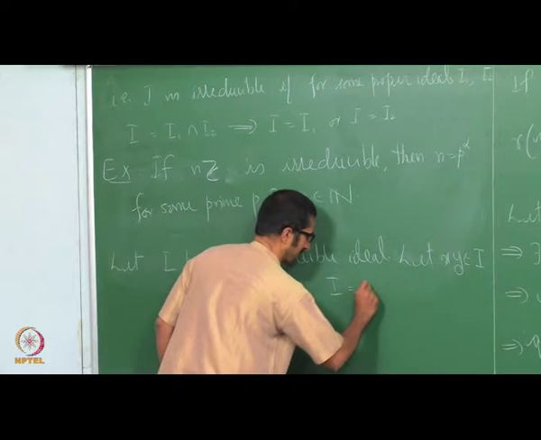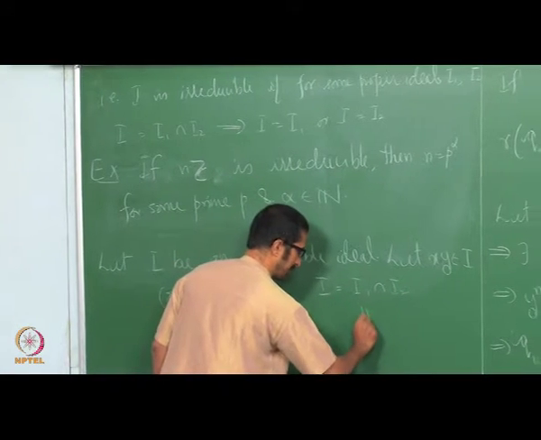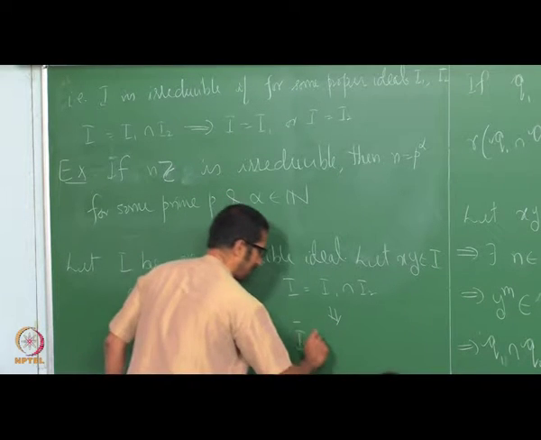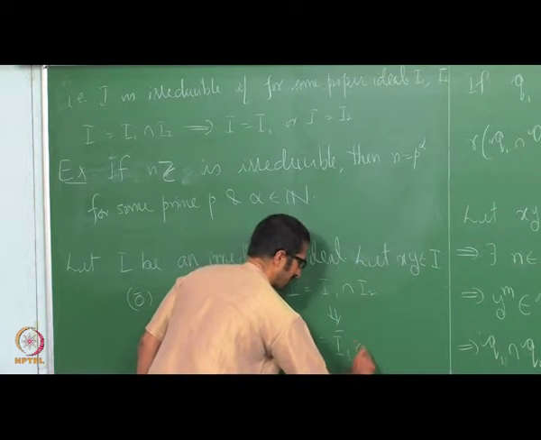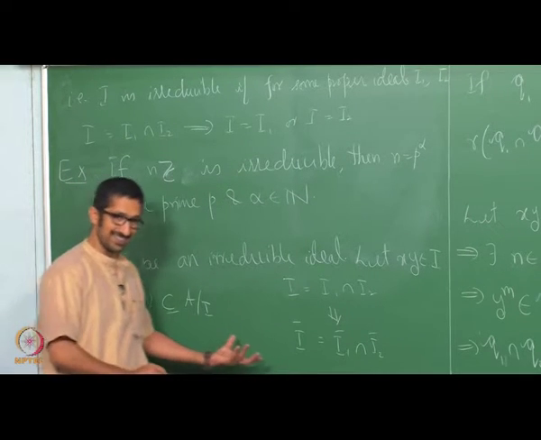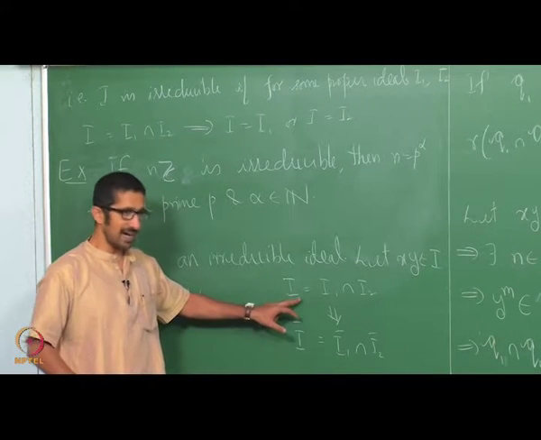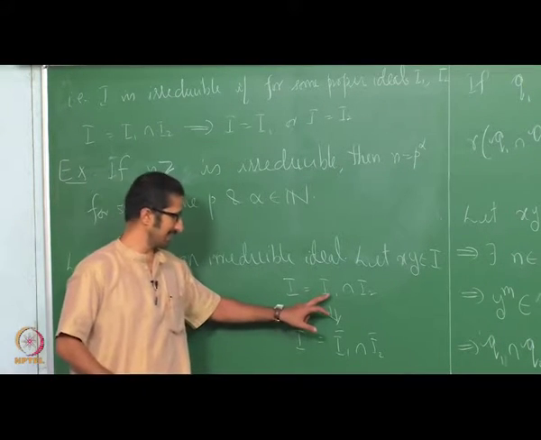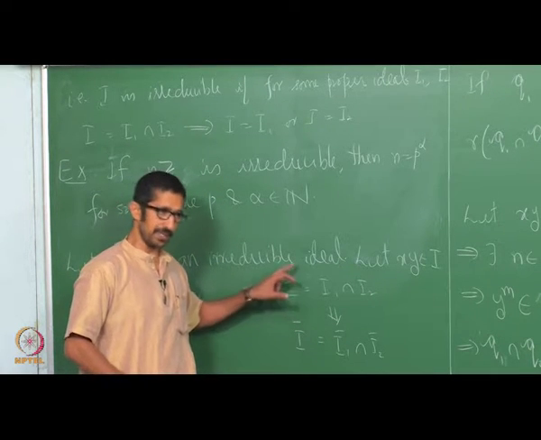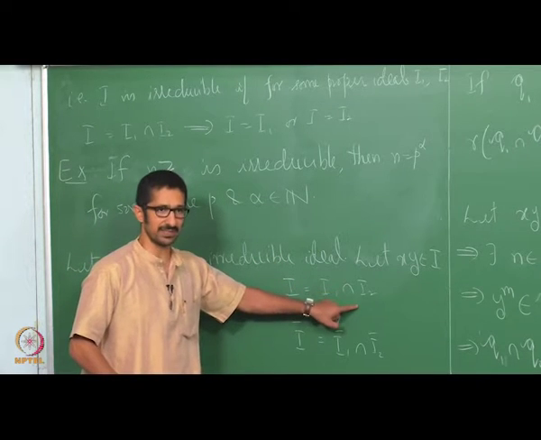If I is equal to I1 intersection I2, we take the same equation modulo I. I is reducible implies there exist ideals I1 and I2 properly containing I, and proper ideals, such that I is equal to I1 intersection I2.